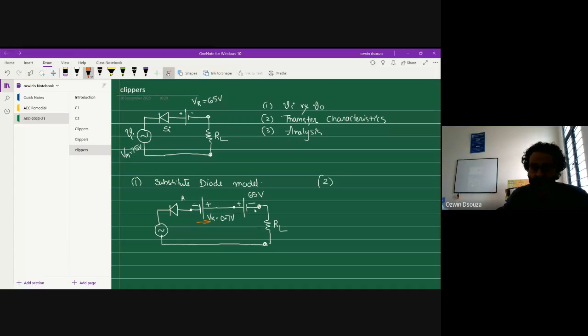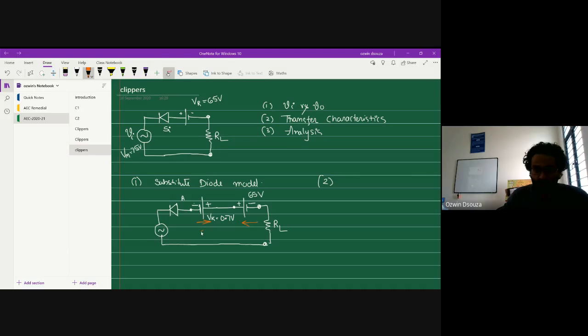On the other hand, the reference voltage tries to send the current in the opposite direction, from minus to plus. So the two cells are opposing each other, and hence they can be merged into a single cell with a difference of potential.